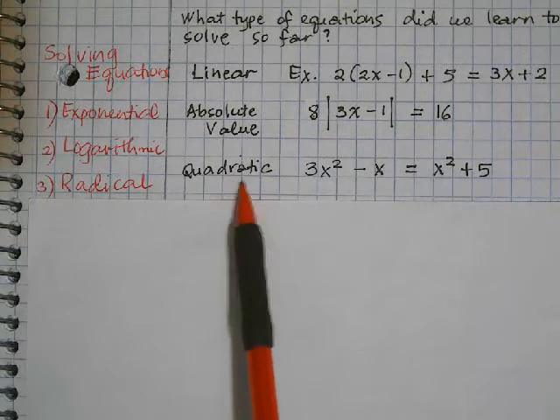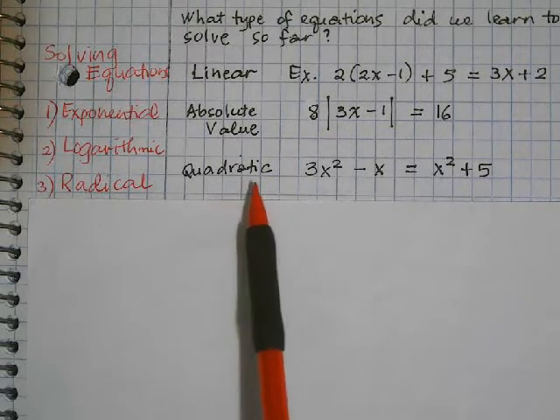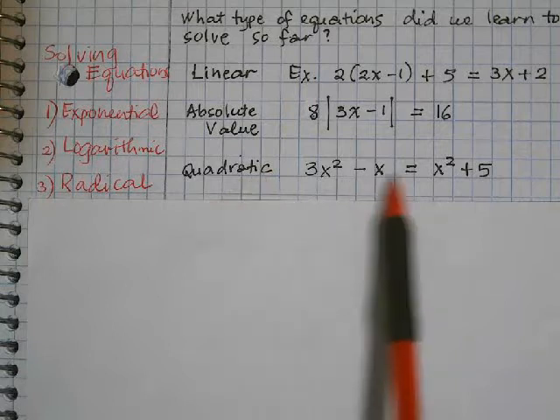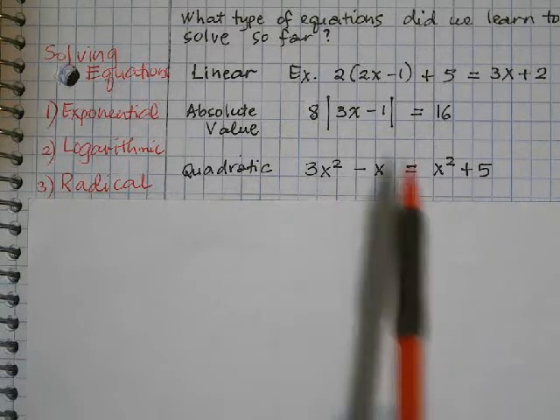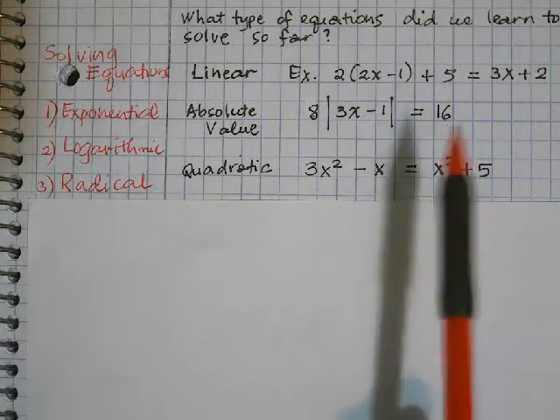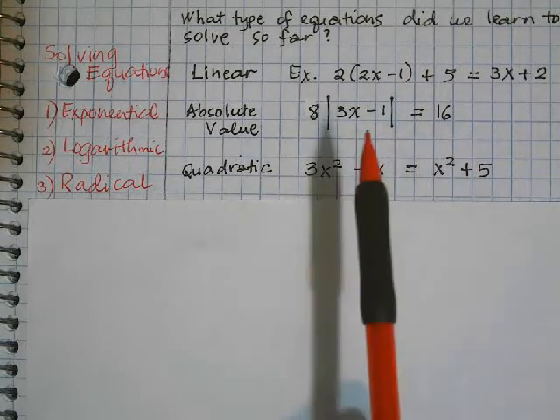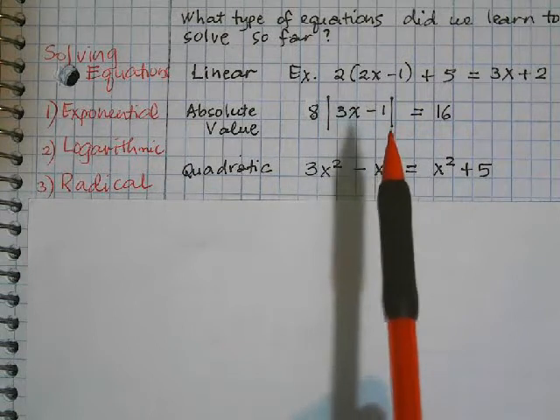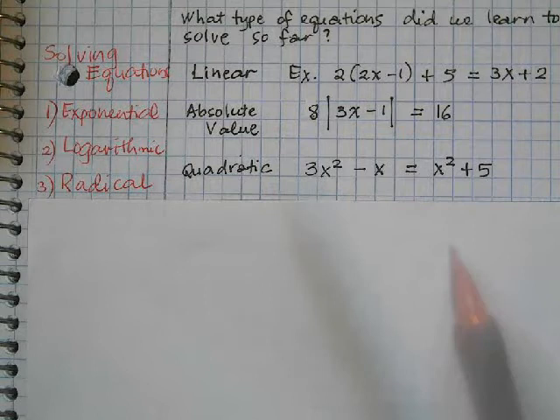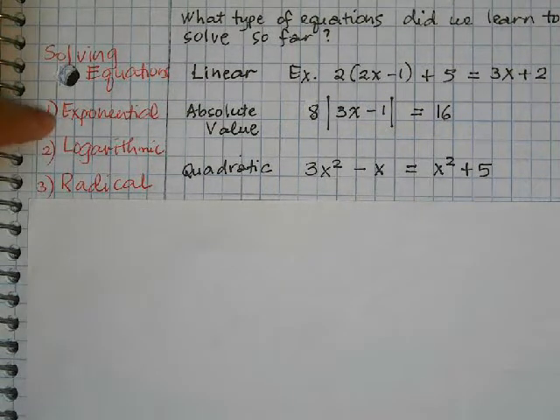And we also solve quadratics, by factoring, by quadratic formula, by completing the square, something that looks like this. In all of this, we always end up with x equals. So we're solving for the variable, the unknown. Usually, we use the letter x. So let's start with solving exponential first, and then we go to logarithmic and radical.